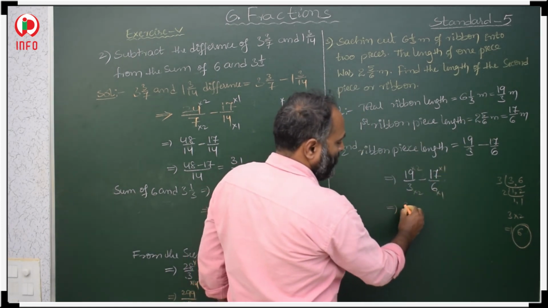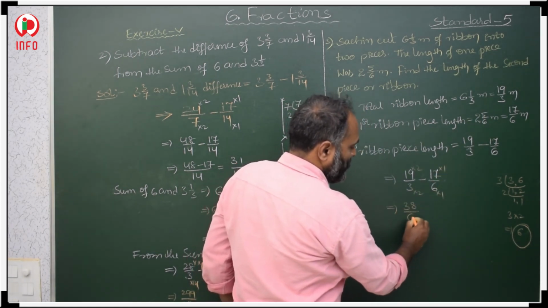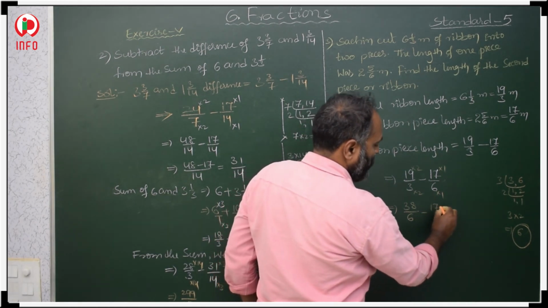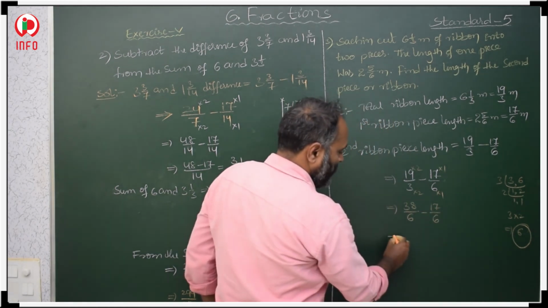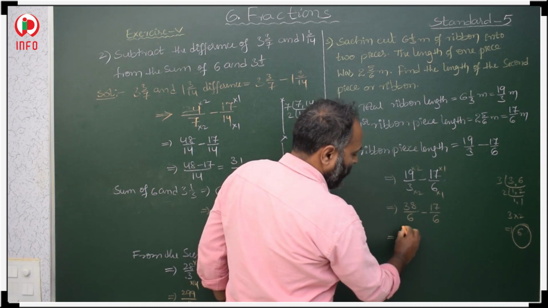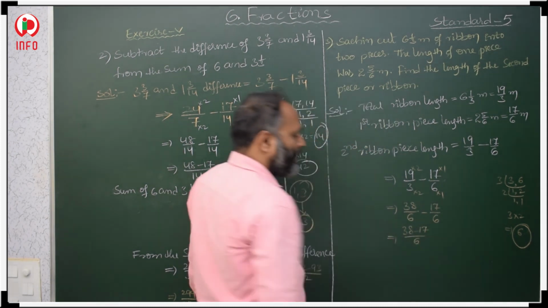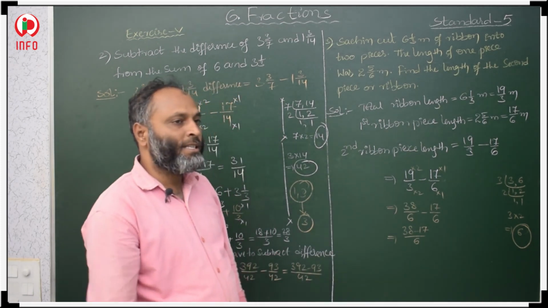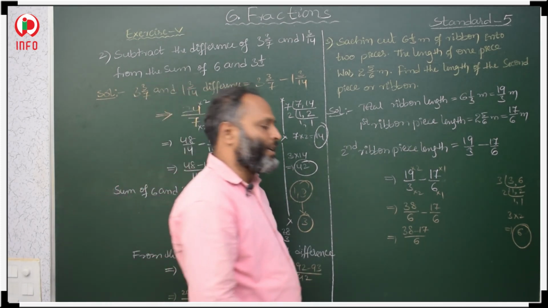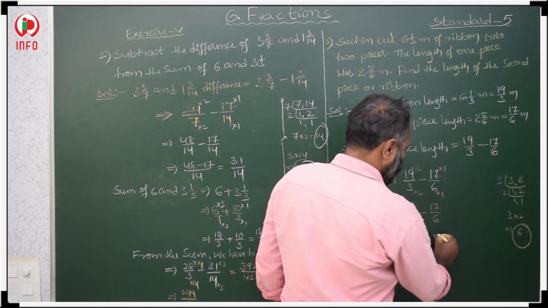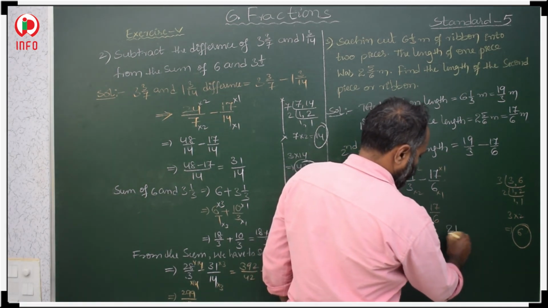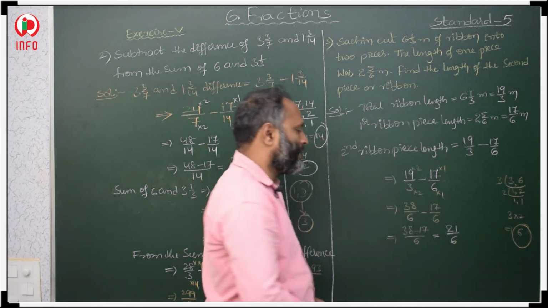19 2s are 38 by 6, 17 1s are 17 by 6. Then 38 minus 17 by 6, that is 21 by 6.